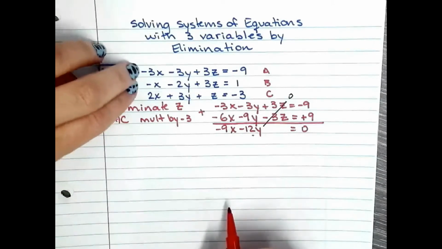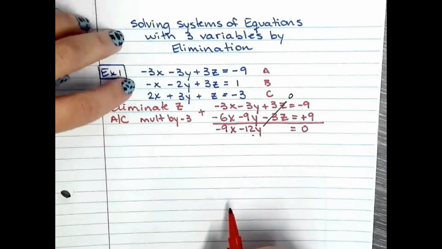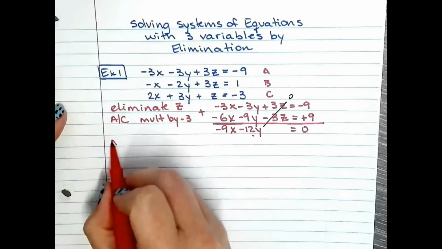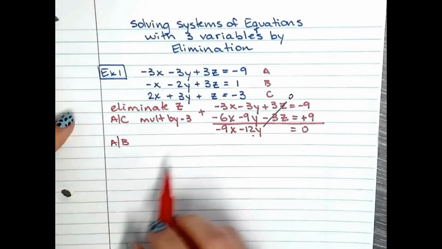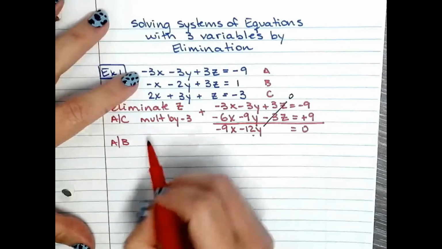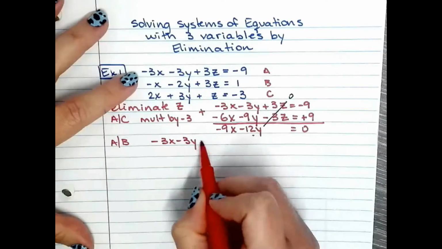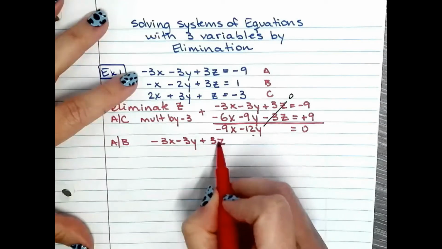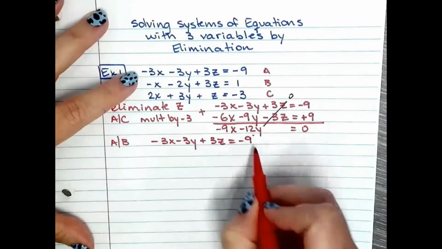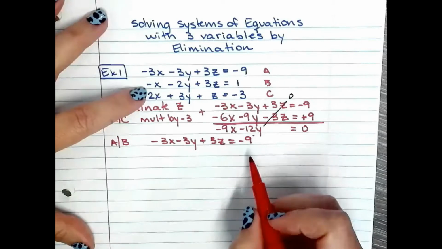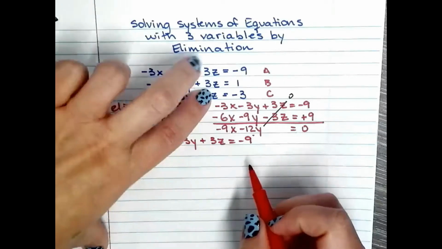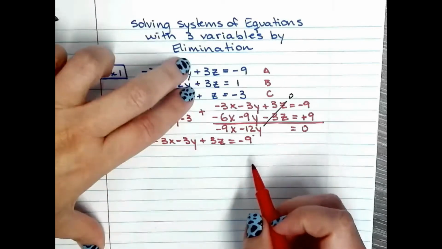So in the next one, I'll pair up A and B together. Since I'm not modifying or multiplying the A equation by anything, just copy it down. Now, notice that A and B both have 3z.